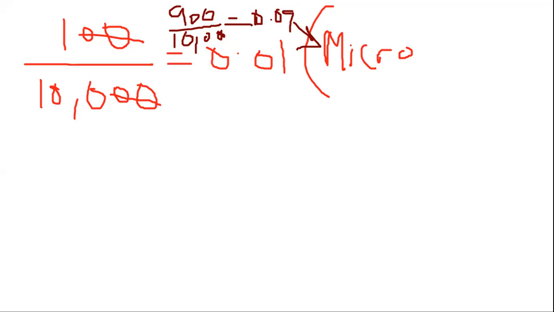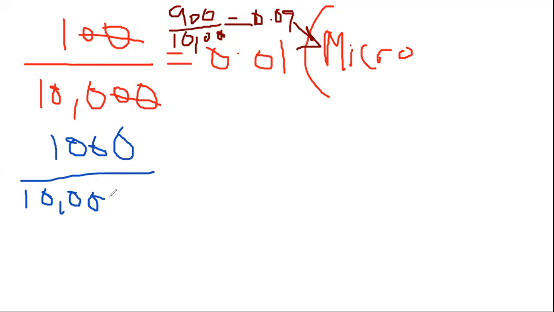What if someone like Mr. Okorocha, welcome, sir, has $1,000? So that will probably be 1,000 divided by 10,000. Zeros cancel zeros. 1 divided by 10 is 0.1.